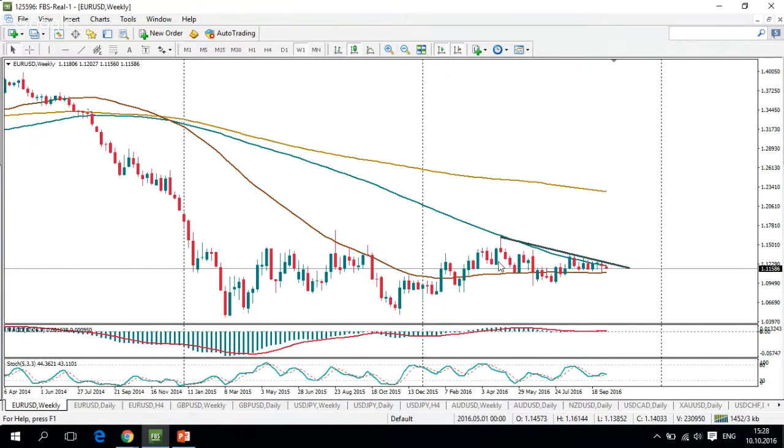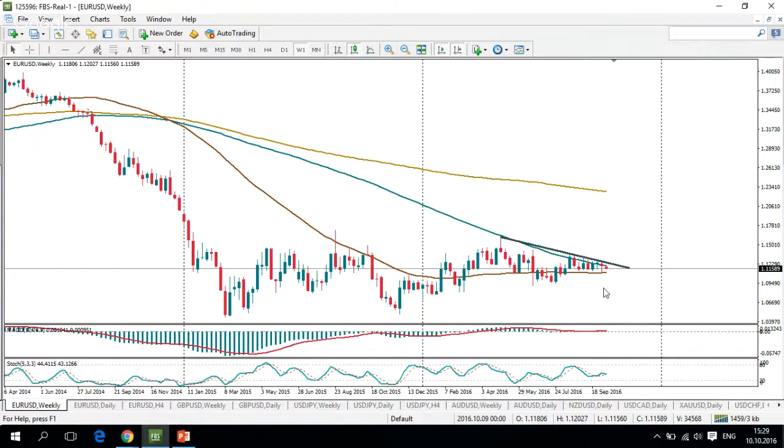The volatility is low in euro dollar in general this year, but the past few months are making record low volatility. Last week we tested support of the 50-week MA and didn't manage to settle above the 100-week MA.